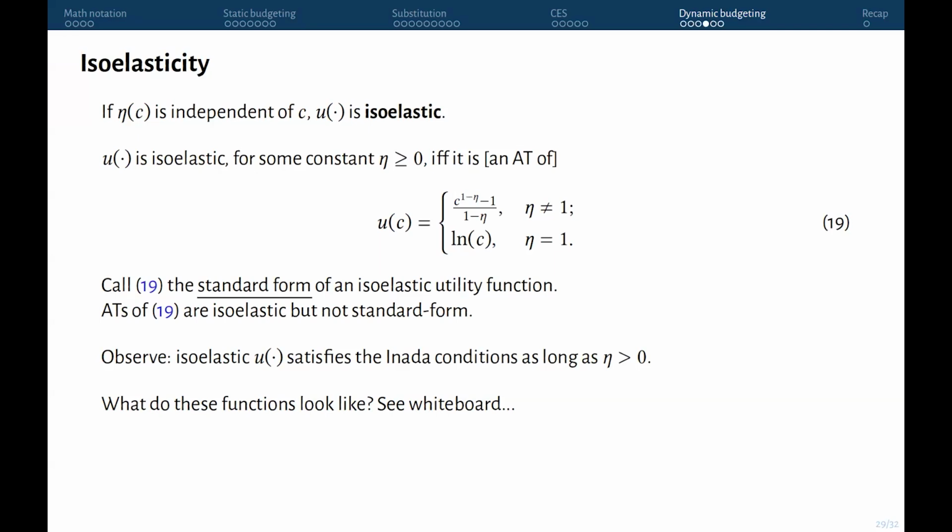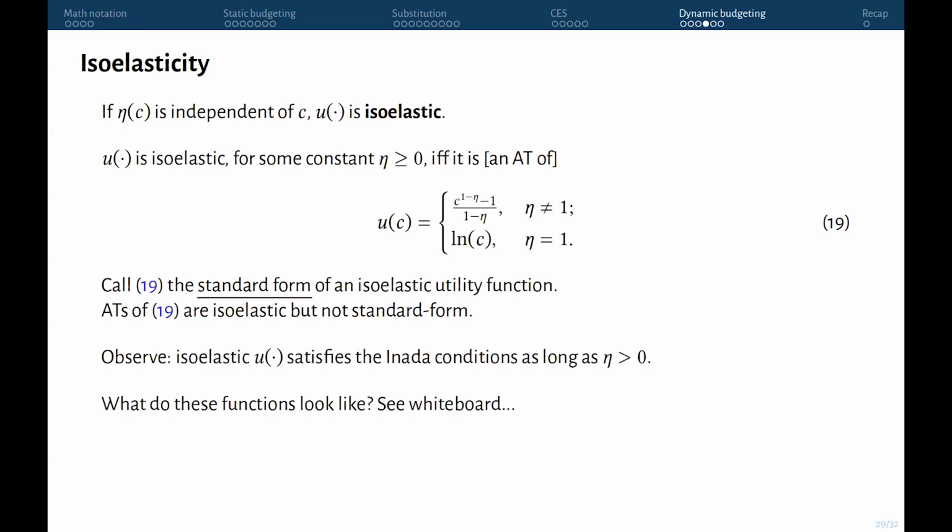That's the log case, the eta equals 1 case. For eta less than 1, you're going to get utility not going to negative infinity, but going to some negative number that's finite. This is the eta less than 1 case.